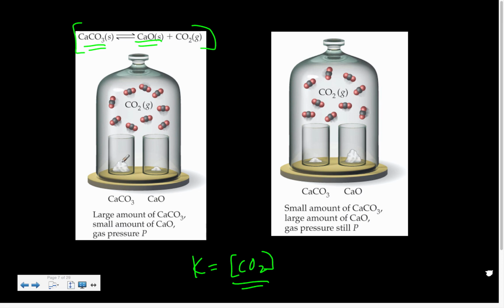We can have a lot of the calcium carbonate and a little bit of calcium oxide, and we get this number of CO2 molecules, 1, 2, 3, 4, 8, 9. Likewise here, if we have a little bit of calcium carbonate and a lot of calcium oxide, we still get the same amount of CO2 because we've reached equilibrium.